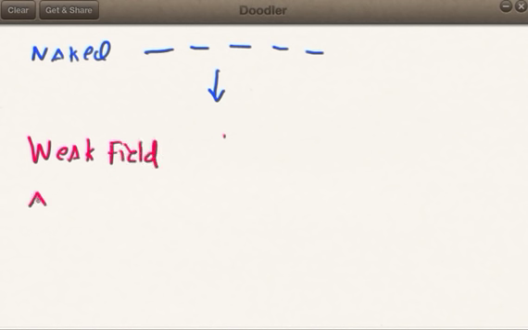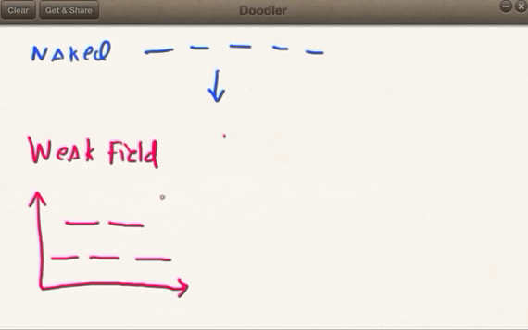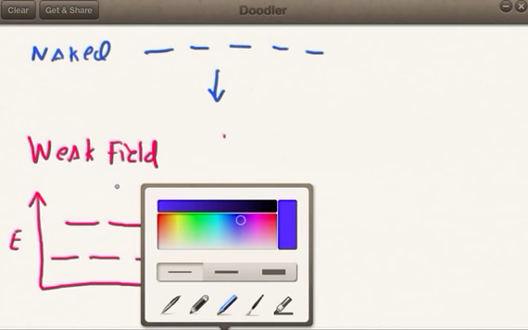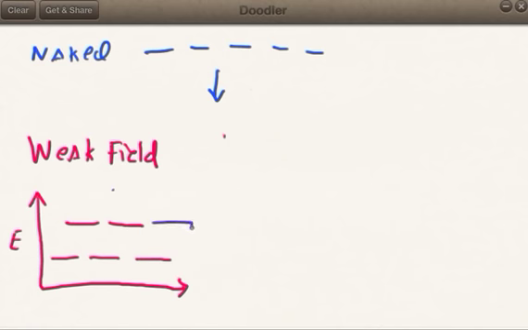So if you can imagine, this is energy here. What's going to happen is 3 of the d orbitals, 1, 2, 3, are going to be at a lower energy, and then 2 of the orbitals are going to be at a higher energy. And the difference in energy here, I'm not going to actually put values up or anything like that, but the difference between the low and high is what we call delta, okay?